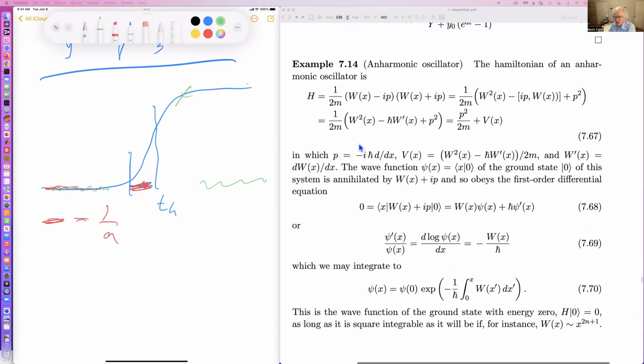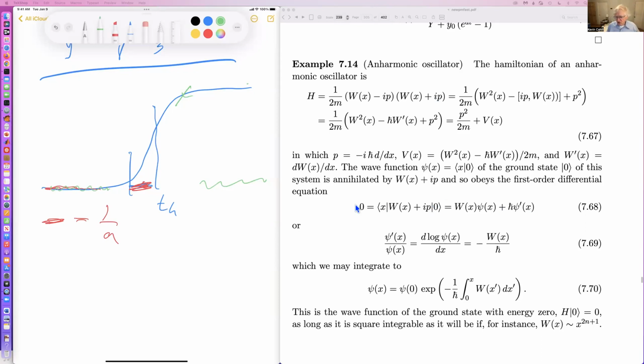And the remarkable thing is that we factored H like this. And so H on some state, we can say, well, maybe W plus iP annihilates the state. And that would be the ground state, because the lowest possible value of the energy would be when W plus iP annihilates the state and gives you 0.